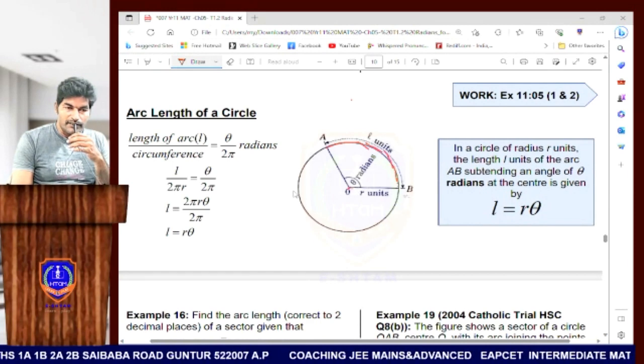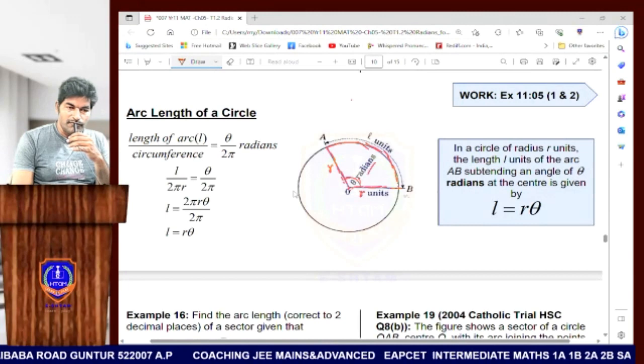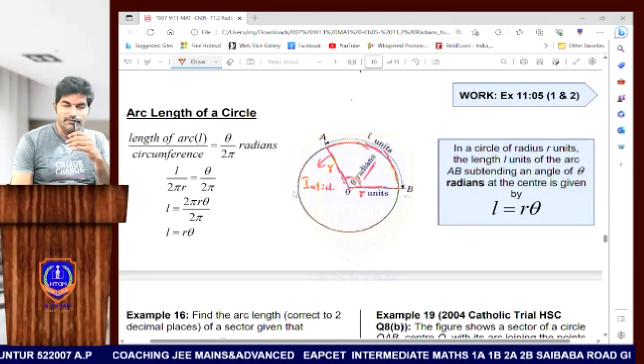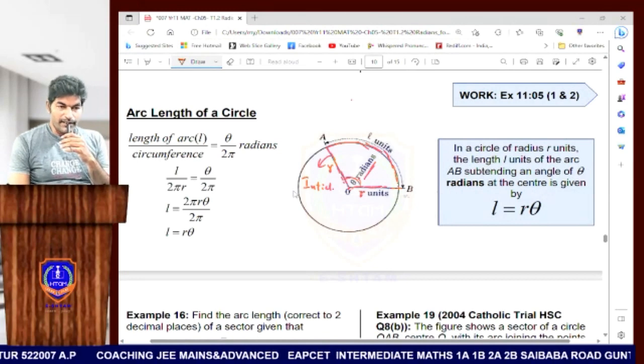Let O be the center of the circle, and R be the radius. This is also radius. Both are radius. And take some angle theta which is measured in radians. So first, OA is the initial line.